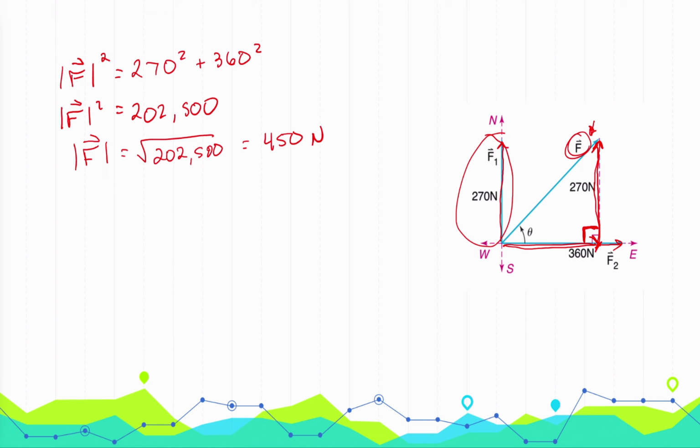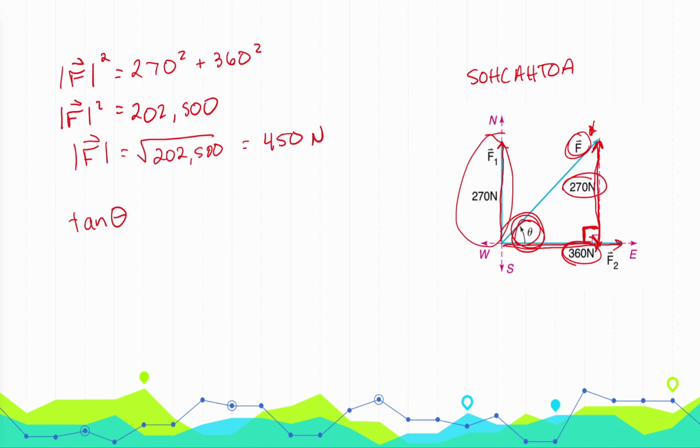And it also wants us to find this angle because a vector has both a magnitude and a direction. So we want to find the direction of the vector. And again, that's easy. We have a right triangle, so we can use SOHCAHTOA. We have the opposite side and the adjacent side, so we probably want to use tangent.